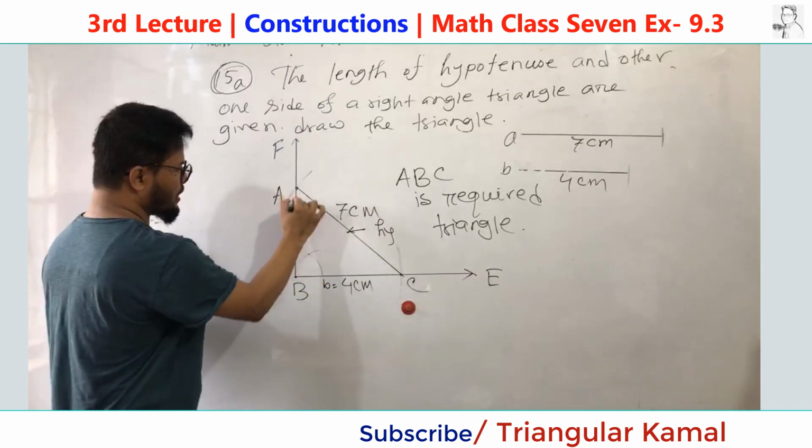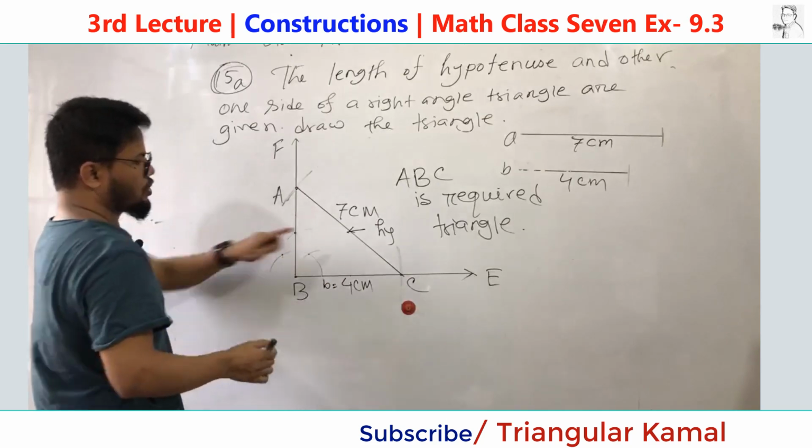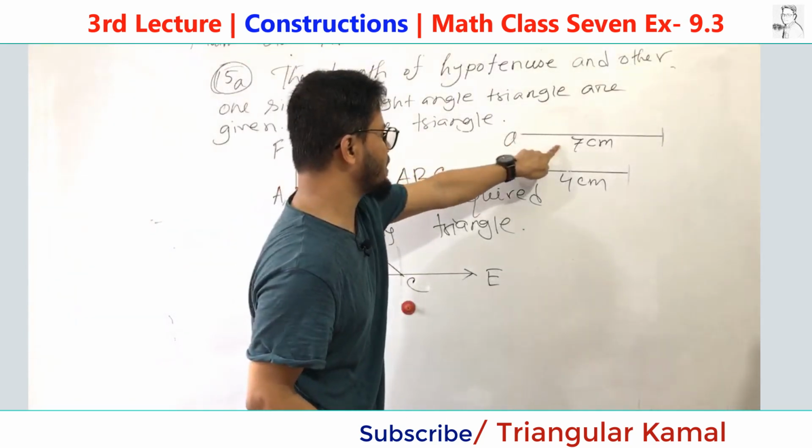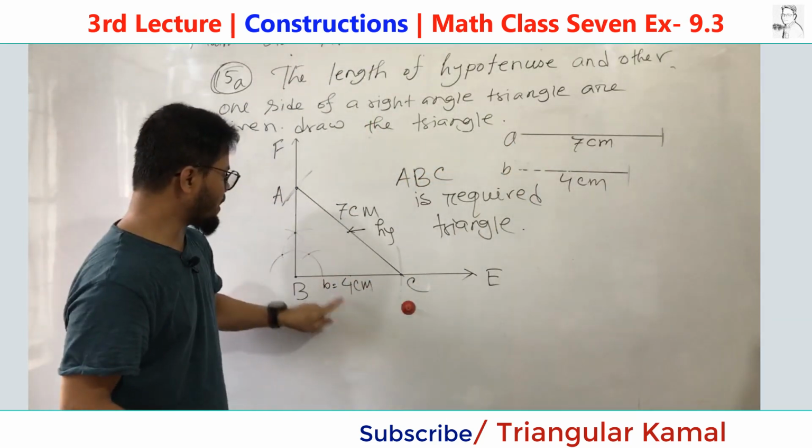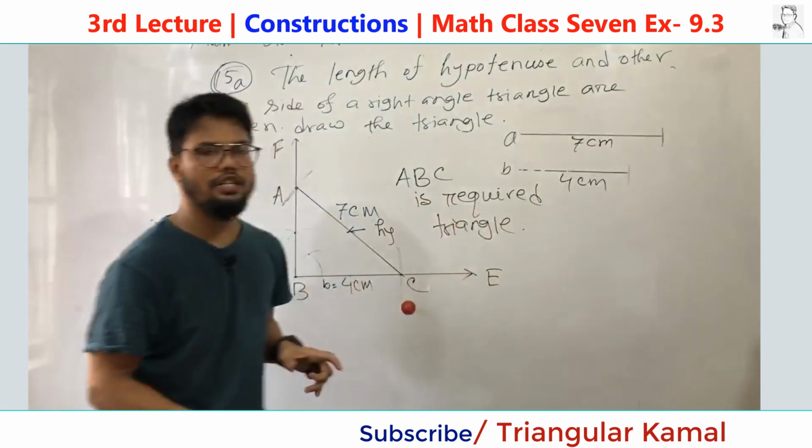So hypotenuse is mentioned here 7 centimeter. The other two side, another side is given here 4 centimeter. Draw the right angle triangle.